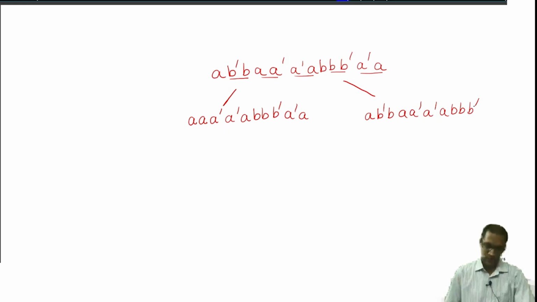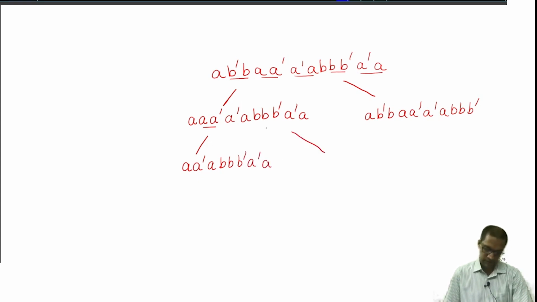Now, as you can see, you can keep going. So I apply, let's see, what shall we apply next? Suppose I collapse this A prime, then it becomes A prime A, B prime, A prime A. Then again here I have other choices.